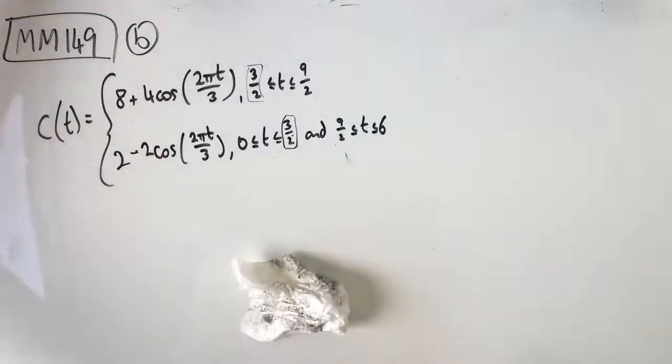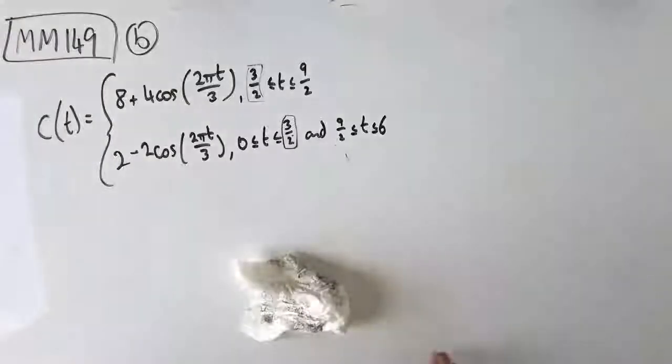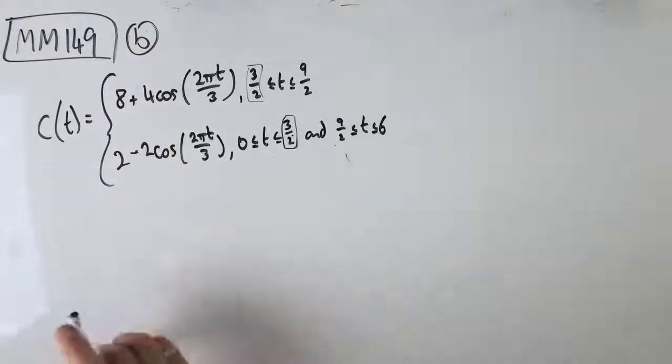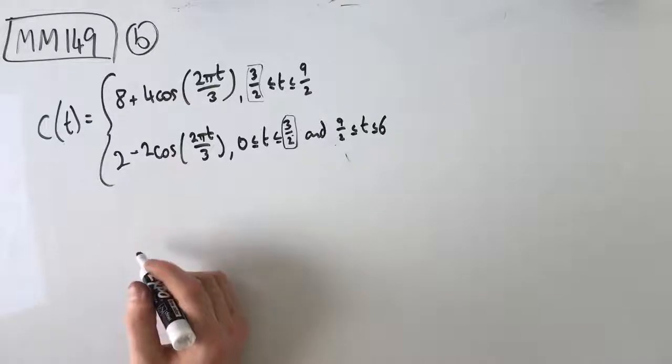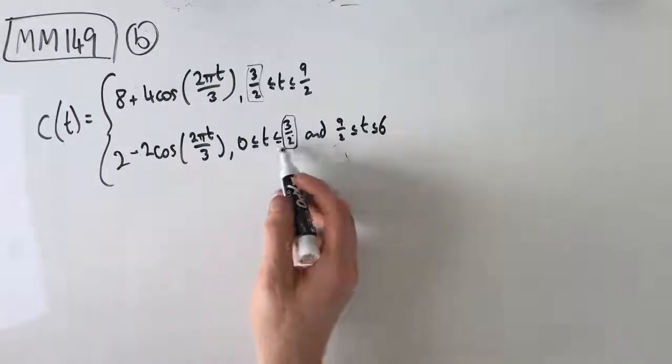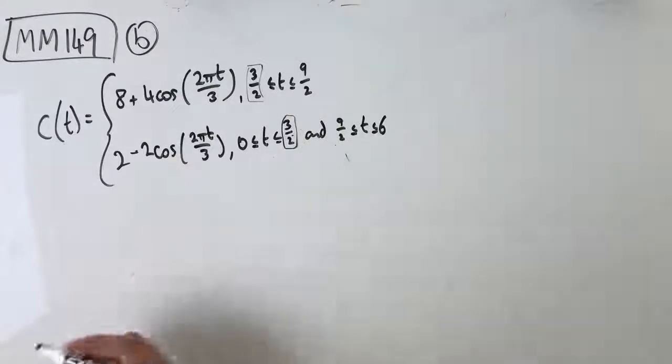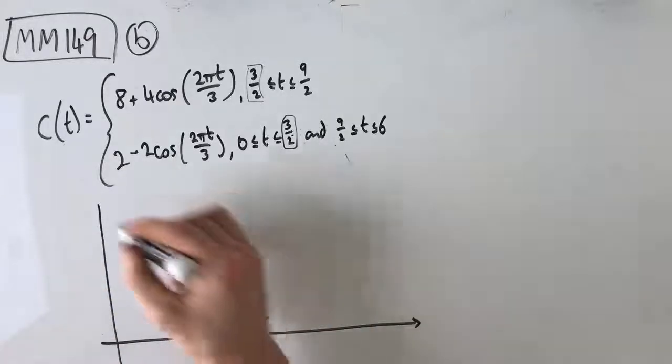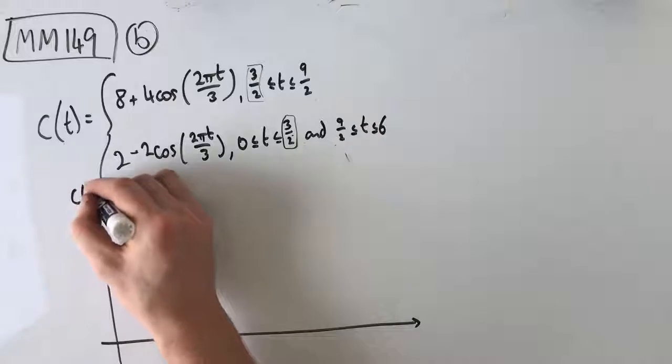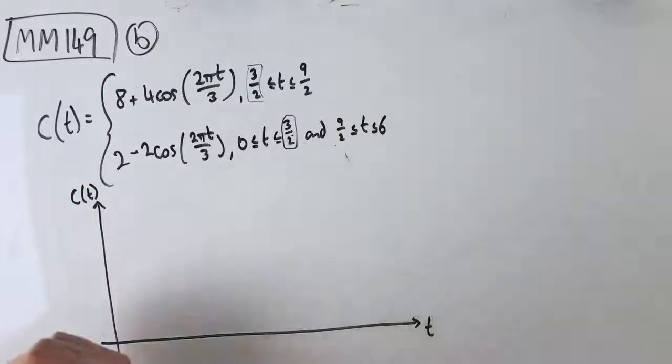Awesome. So first things first is we need to check out our graphs here. So maybe let's start with 0 to 3 on 2, and then 9 on 2 to 6. Okay, so this is a little bit complex and kind of time consuming, so we'll see how we go. C of t and t.